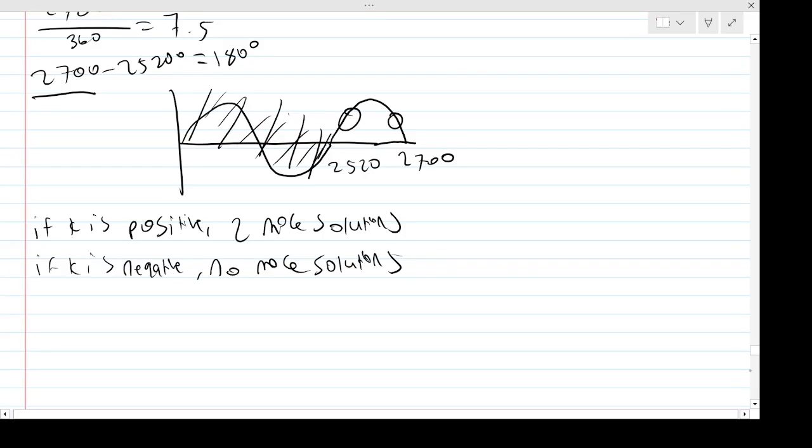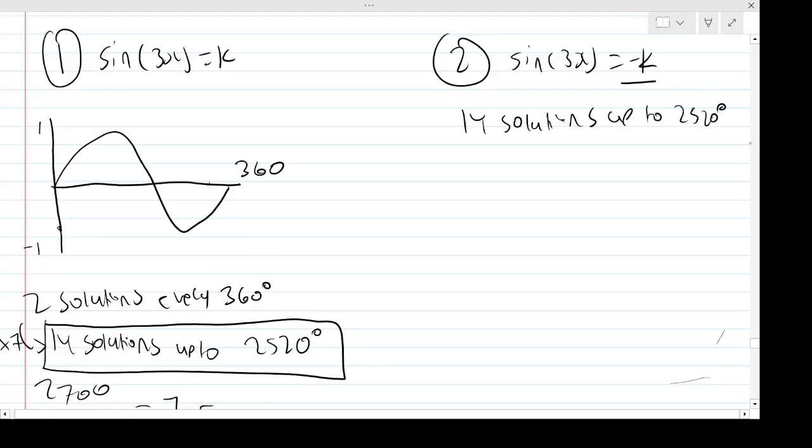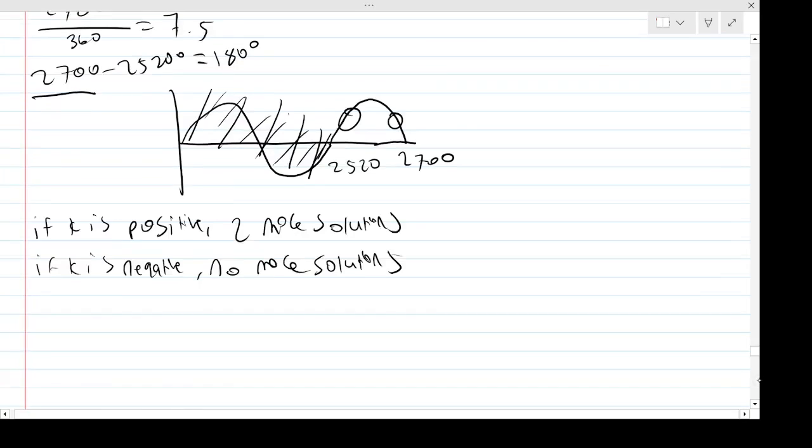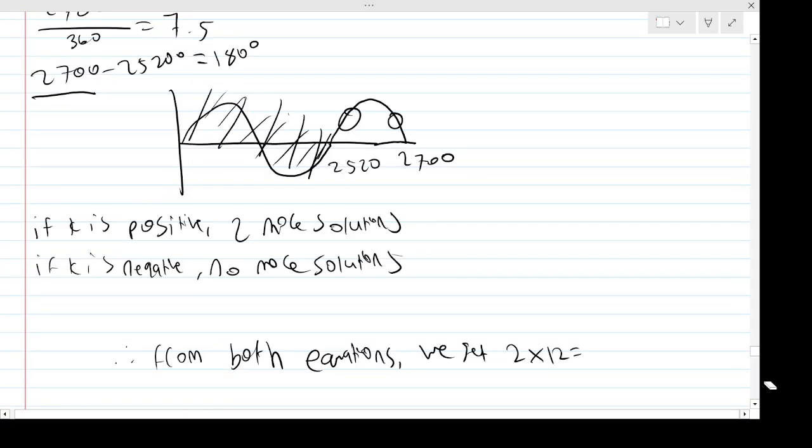So there are going to be 14 solutions at least in either case, so from both equations, we get 2 times 14 equals 28 solutions.